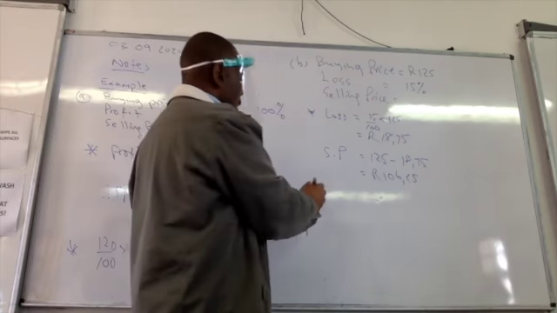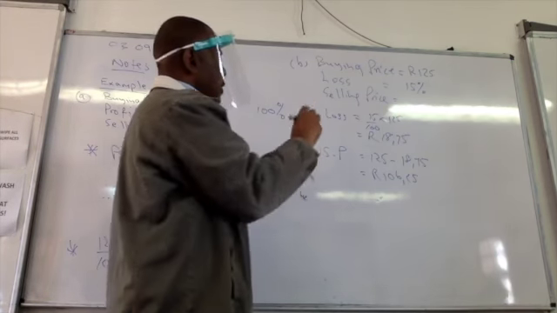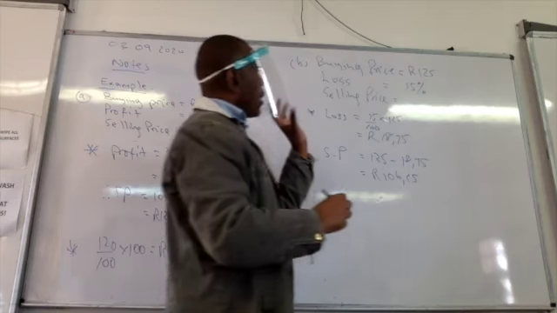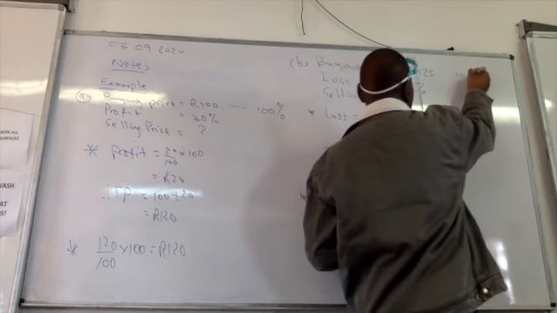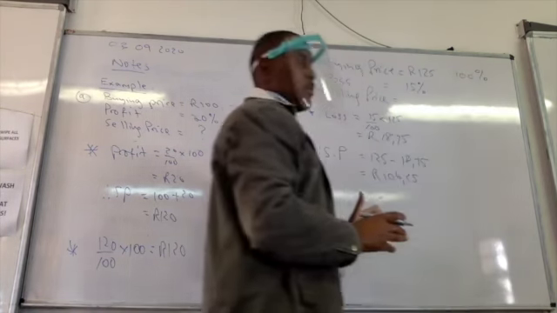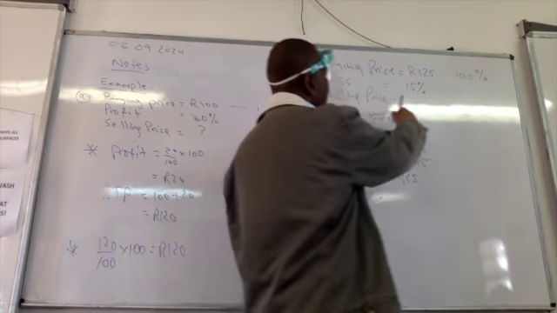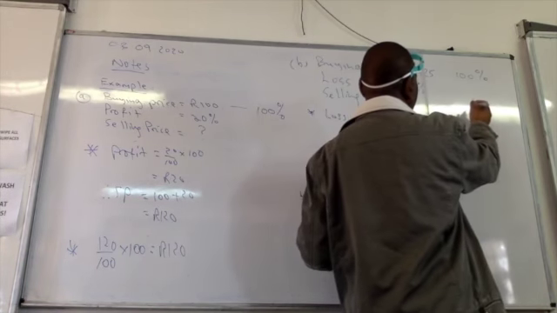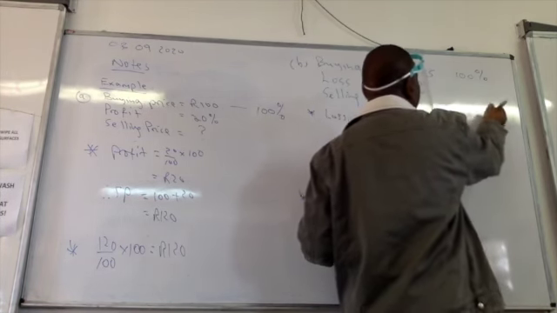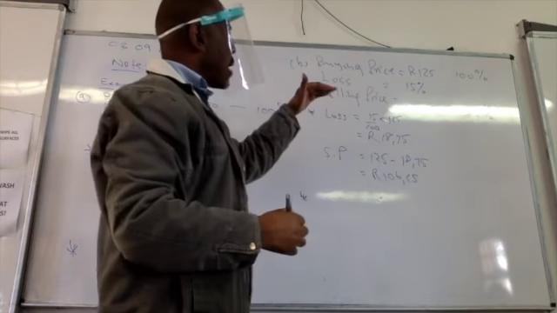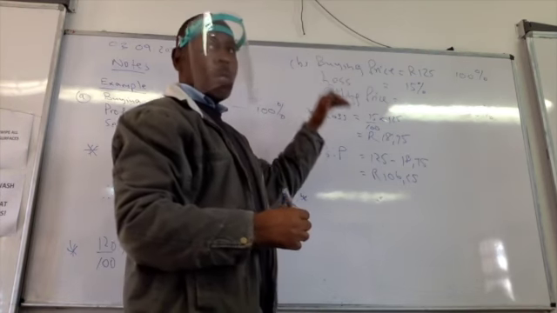That is simple. If you don't want to do that, you think like this. Your buying price is actually 100%. So your selling price will be 85%, because the selling price is 15% lower than the cost price.